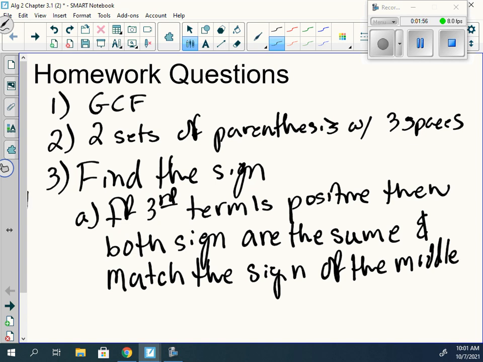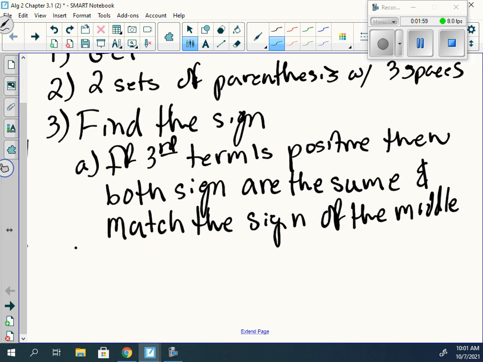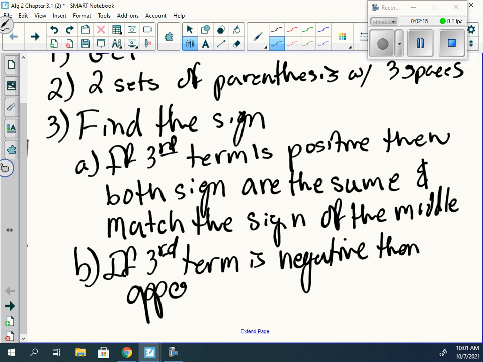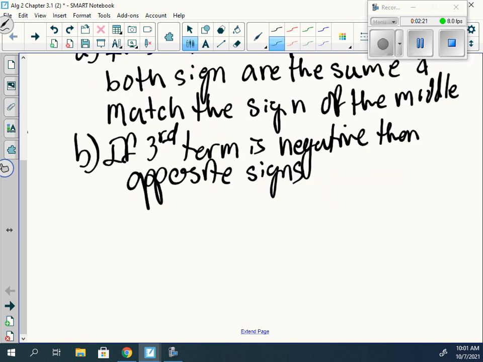If the third term is negative, then opposite signs. Because if the third term is negative, the signs are opposite.